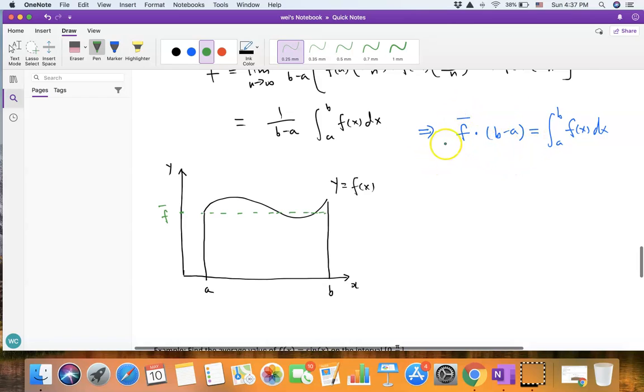This rectangle has length b minus a, and the height equals this average value.